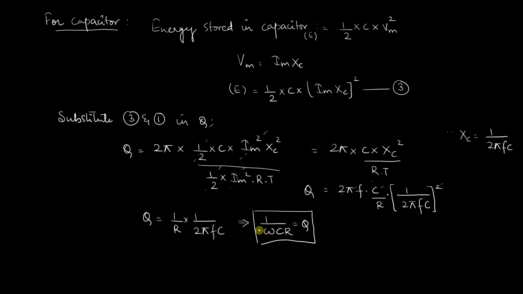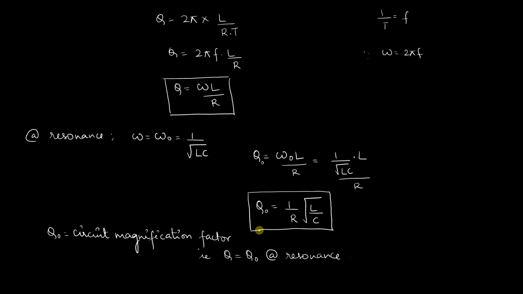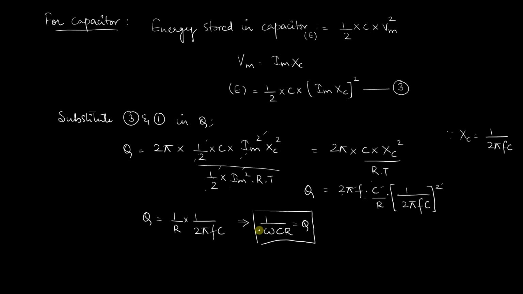Now like the way we did it for the inductor, at resonance we found out what is the condition. So similarly let us do the same thing for the capacitor. So at resonance you have omega equal to omega naught, so you can write Q equal to Q naught, that is equal to 1 by omega naught C into R. Now since omega naught is equal to 1 by root LC, substitute here and see what happens.